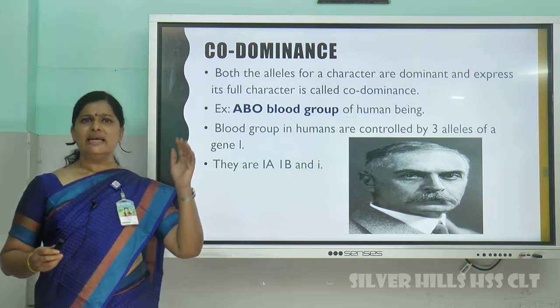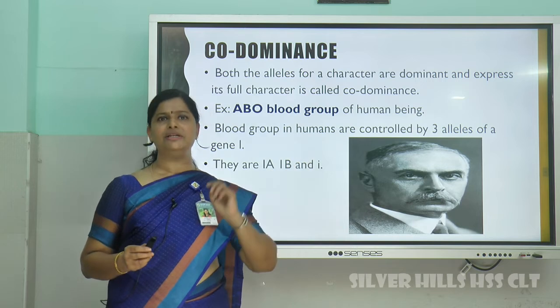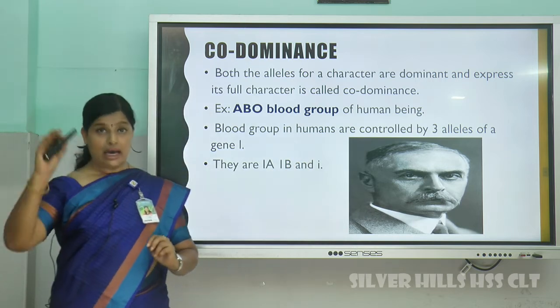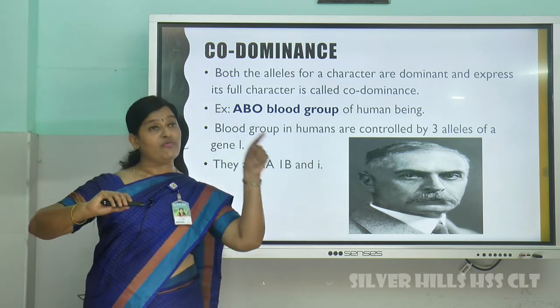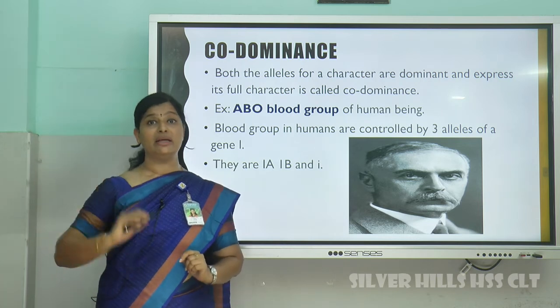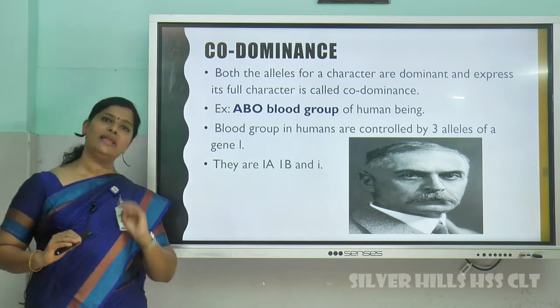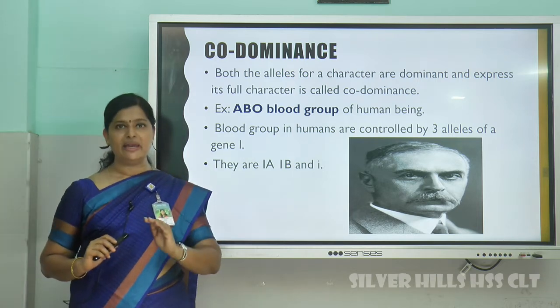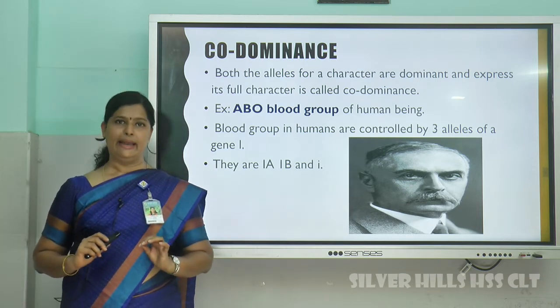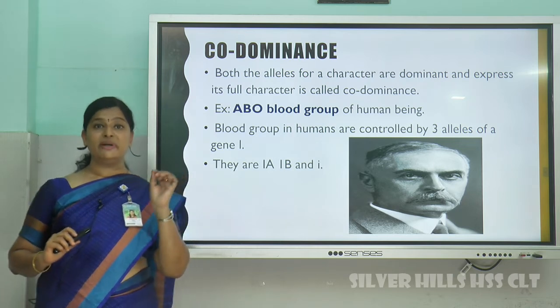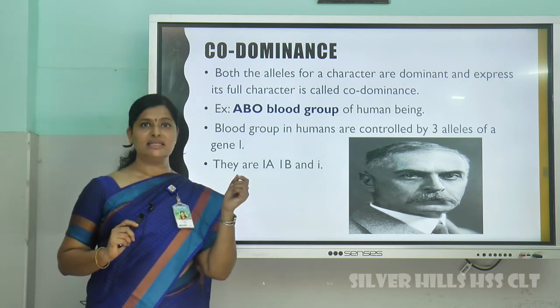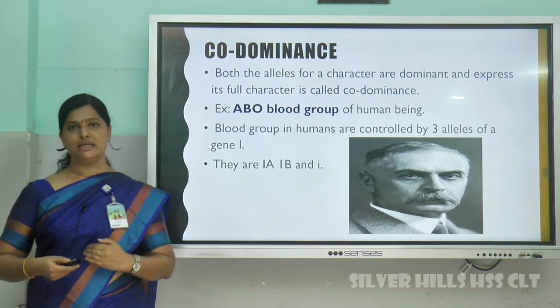If a person gets A antigen from the father and B from the mother, that person will be producing both the antigens, A and B. So his blood group is AB. Based on the presence and absence of antigens, the blood grouping is done.